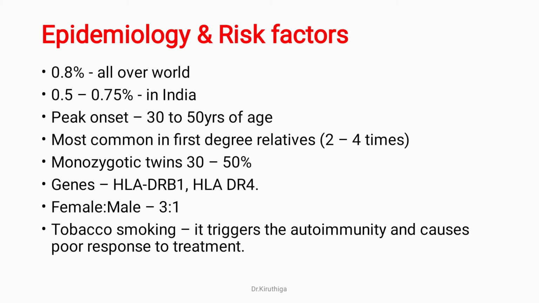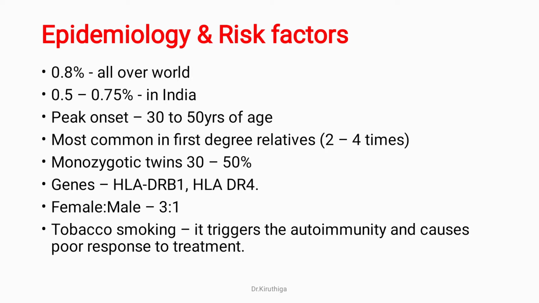The commonest genes responsible for rheumatoid arthritis are HLA-DRB1 and HLA-DR4. HLA means human leukocyte antigen.